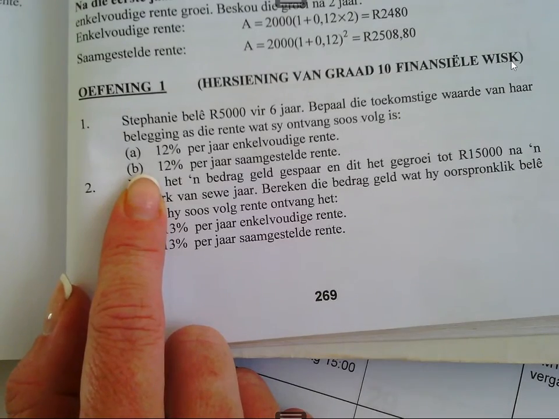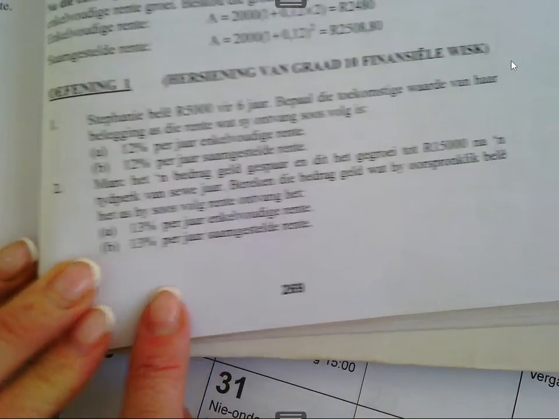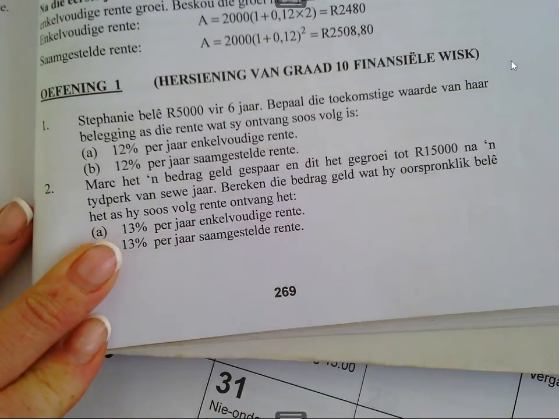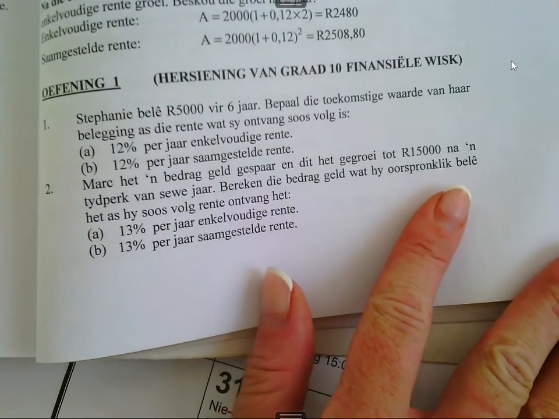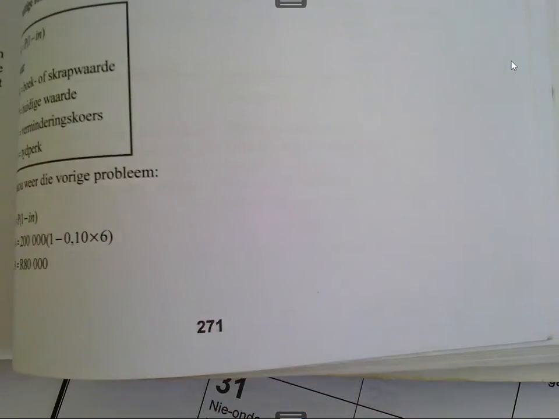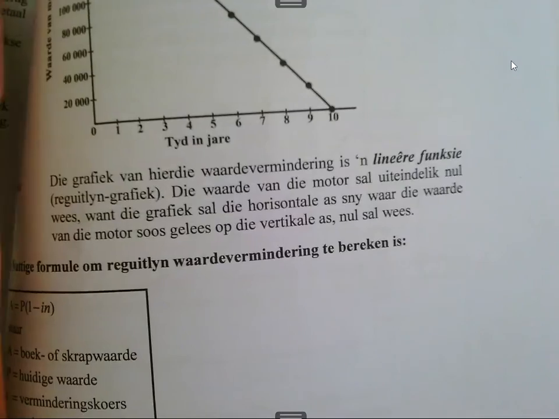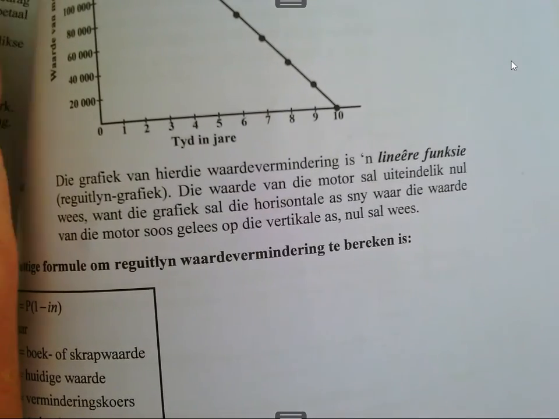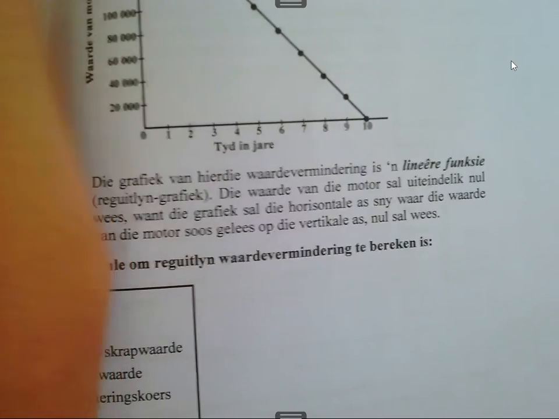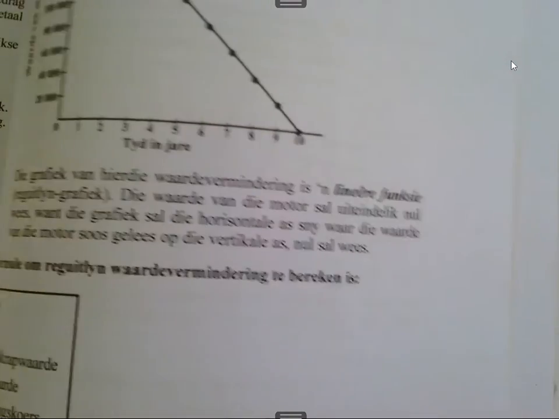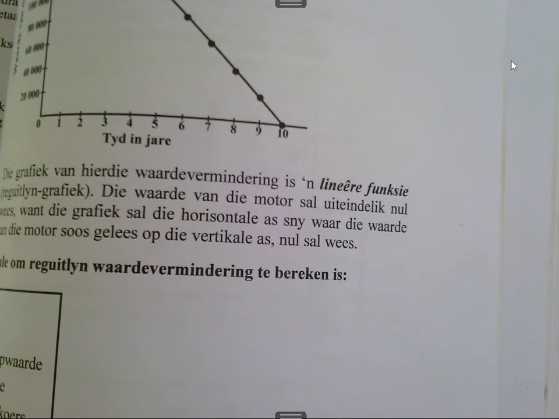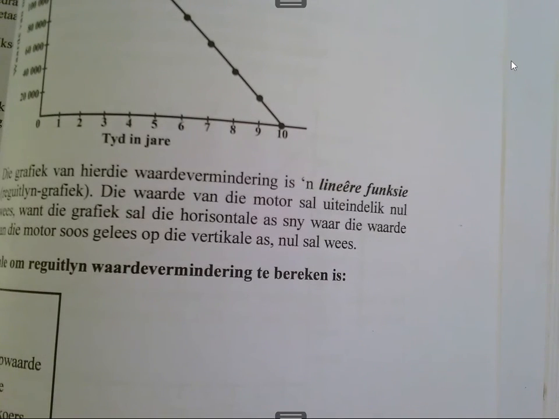You understand? Number 2, same thing, but there they want you to calculate the original amount, the amount you started with. So you're going to have to calculate P there. Okay, in the two different situations. Question 3 and question 4 and question 5 and question 6 and question 7 and question 8 also have to do with calculating one of the other variables or a consecutive investment.